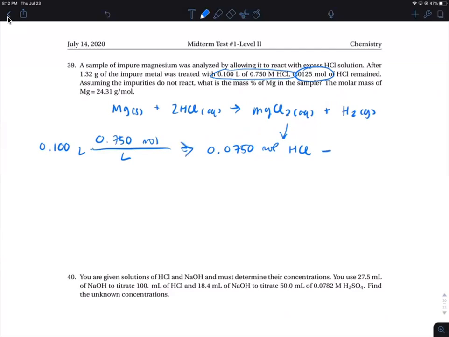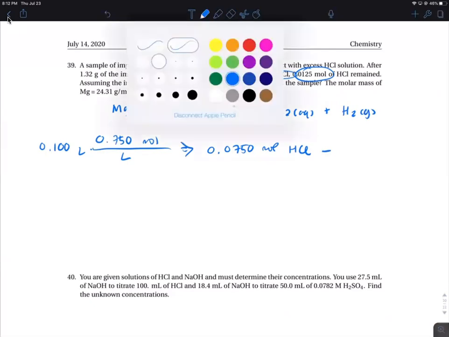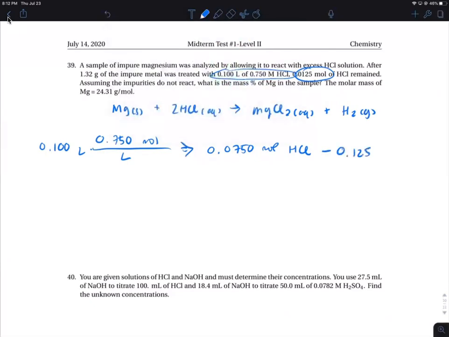So it's just this minus 0.125. And this difference is going to give us moles HCl reacting with Mg. That difference ends up being 0.0625 moles of HCl.